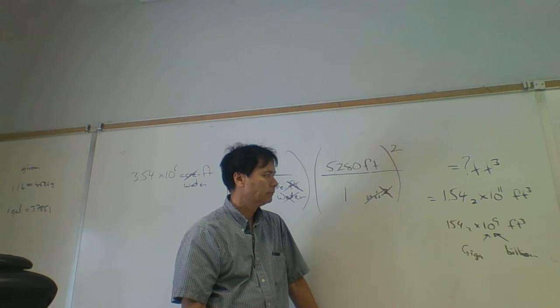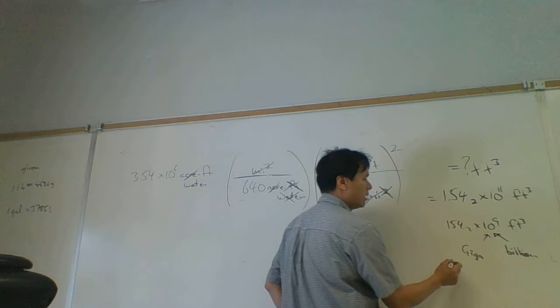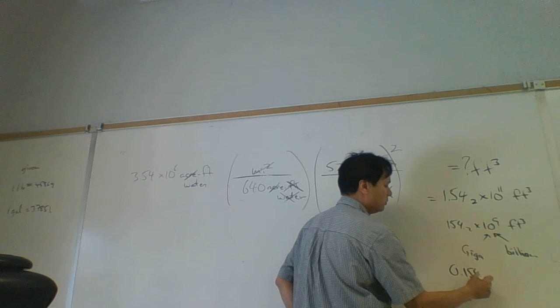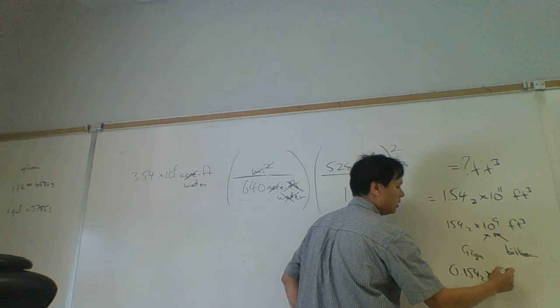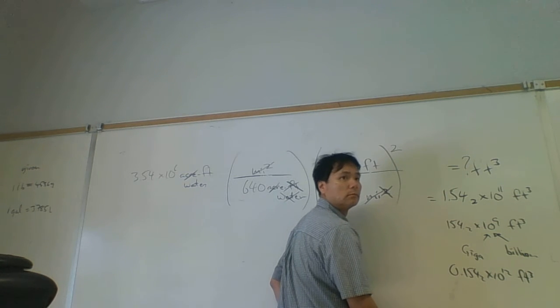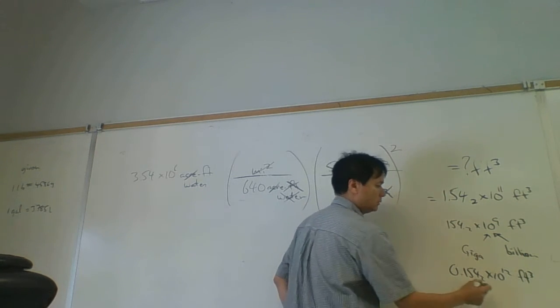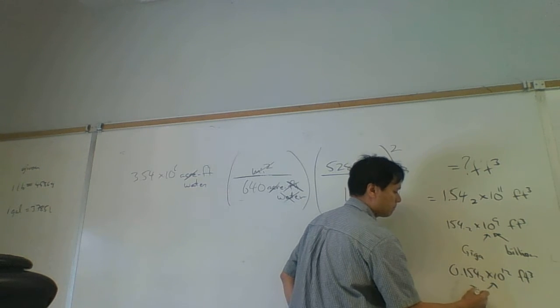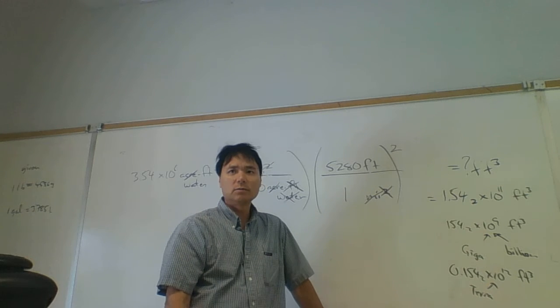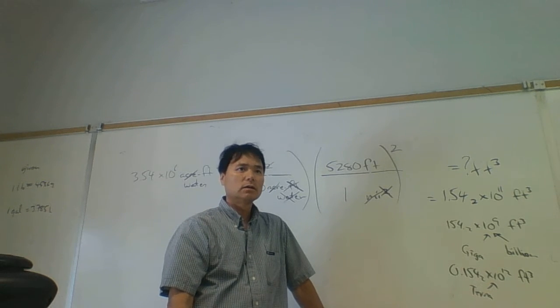It's a lot of cubic feet of water. Or we could go the opposite way. If we go the opposite way, we could do 0.1542 times 10 to the 12. What's 10 to the 12? Tera. So we could say that there's 0.1542 tera cubic feet of water.